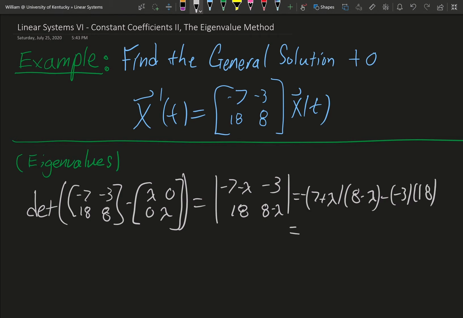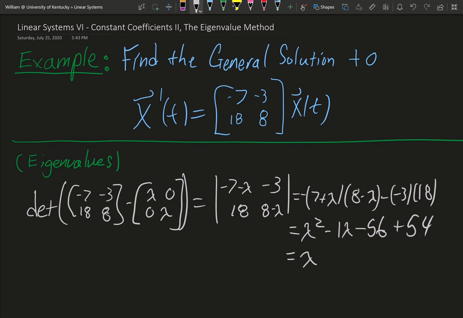All right, so we have that. For this first part, we should get lambda squared, and then 8 minus 7 is minus 1, I guess, lambda. And then we have minus 56. Here, this is going to be plus 3 times 18. 3 times 18 is 54.